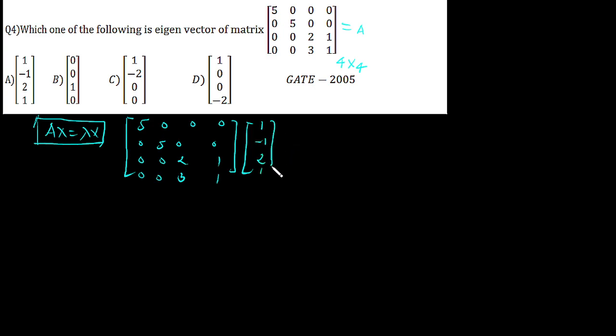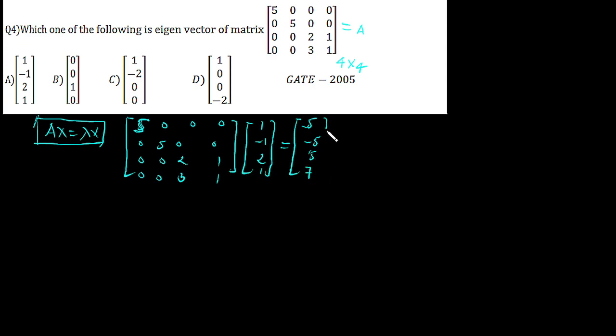So now let's do the matrix multiplication to find the resultant vector. Here the first entry will be 5. Now the second one will be minus 5, the third one 4 plus 1 again plus 5, and the last one is 6 plus 1, so 7.